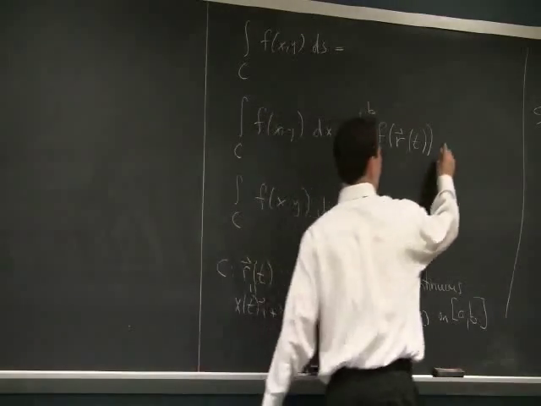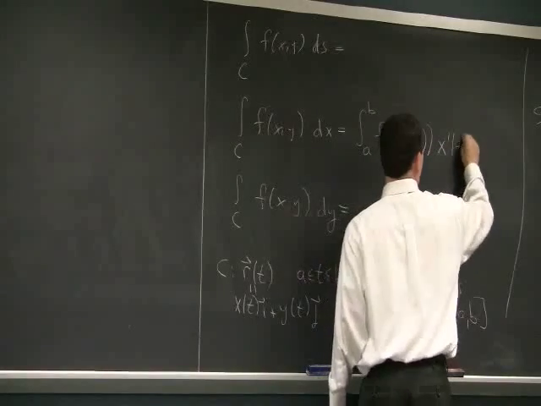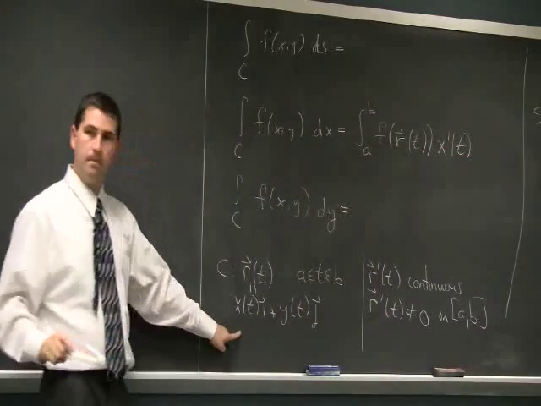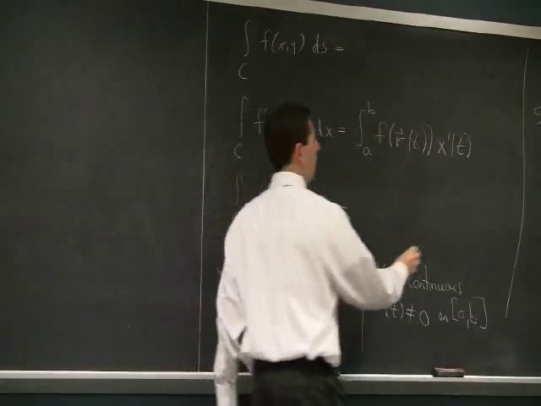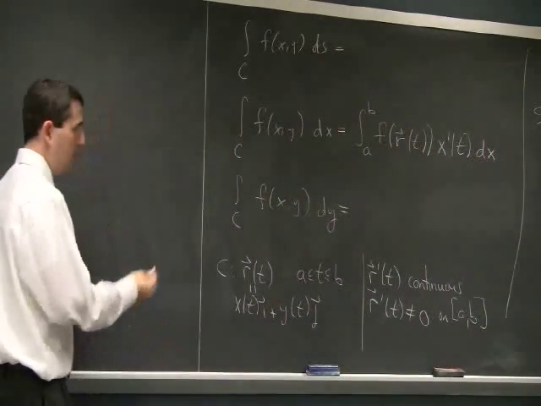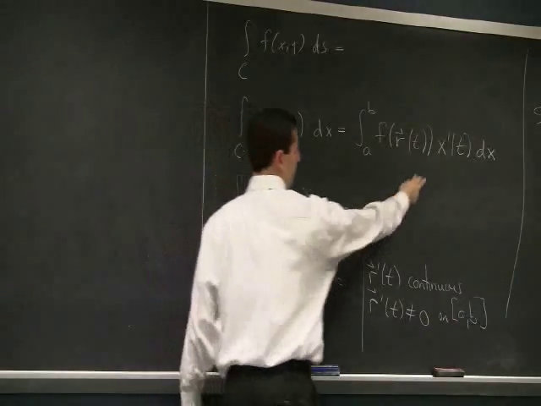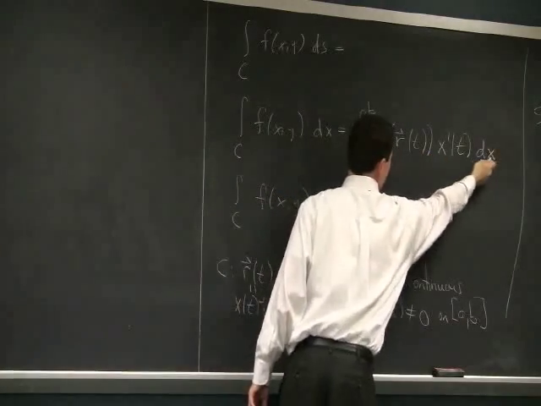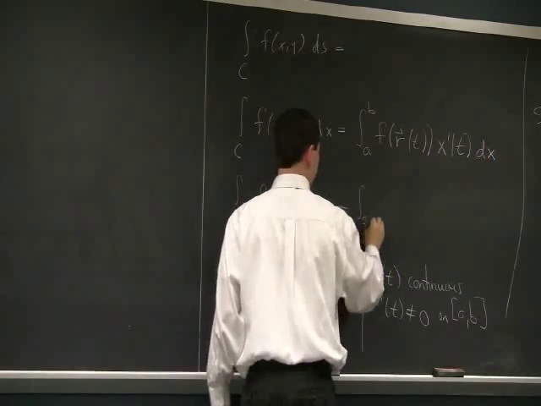And then you multiply by the derivative of the component function, x prime of t, and then dt. And the dy version is the same, only this gets replaced by a y, and that gets replaced by a y.